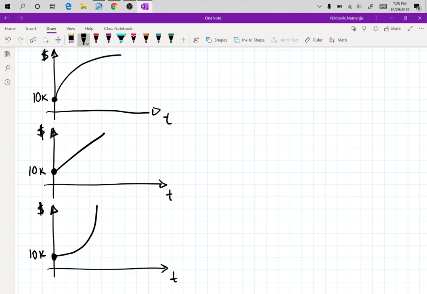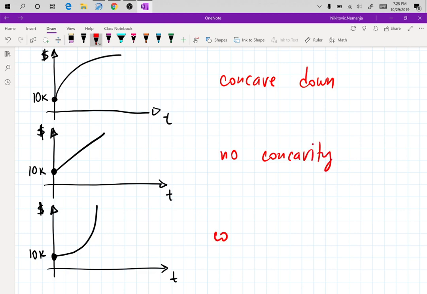So what we have here is concave down, no concavity, and concave up. This is how they're different.